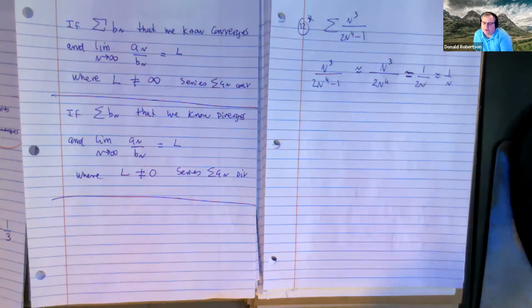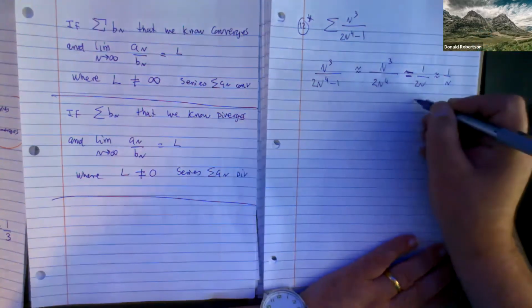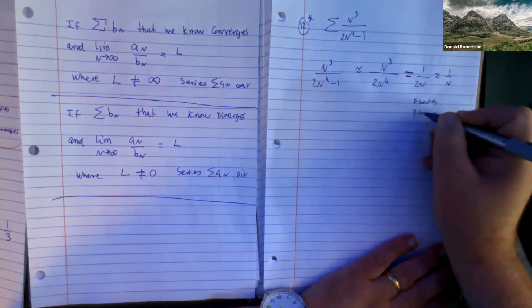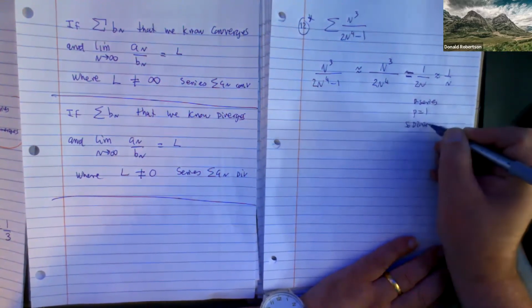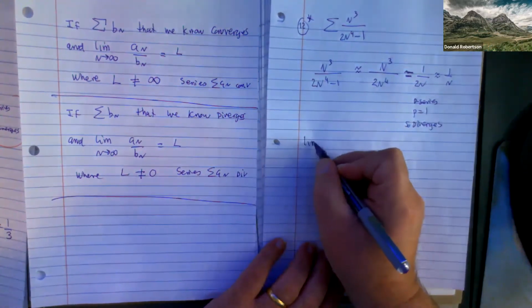Are we good so far that this behaves like a 1 over n? Now, that fella is a p-series. The p-value is 1, so I know it diverges.